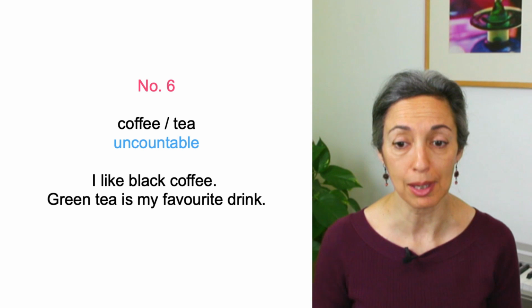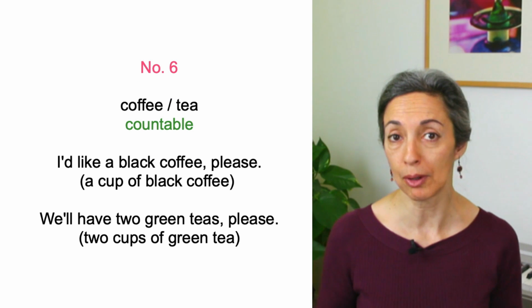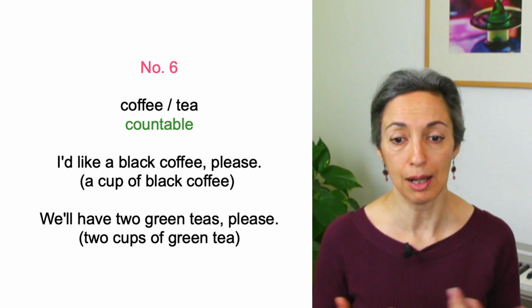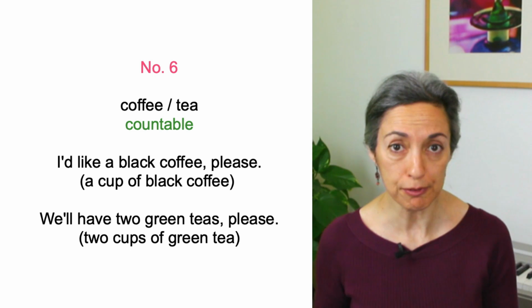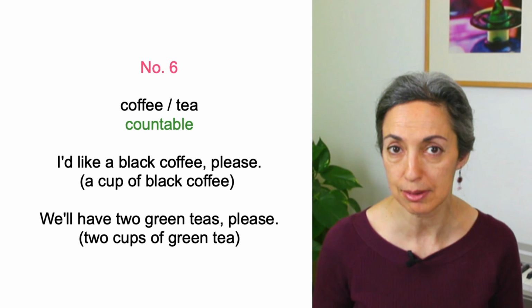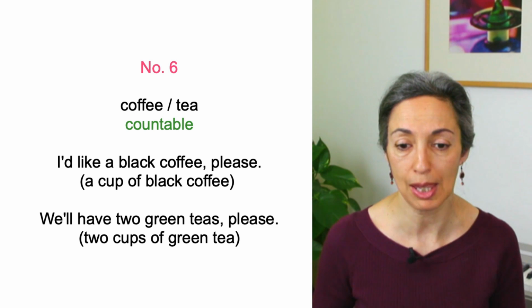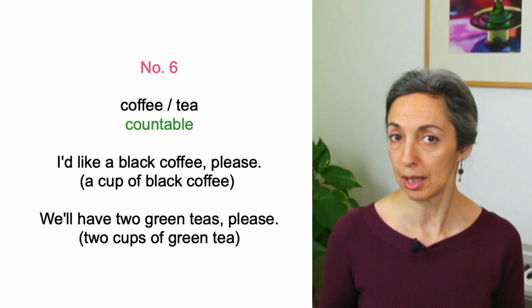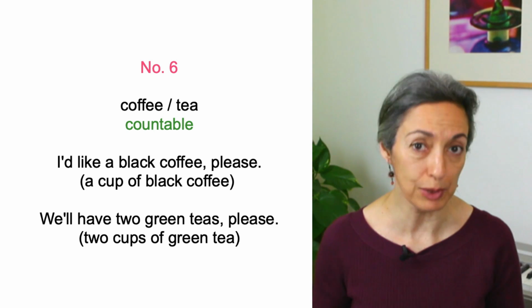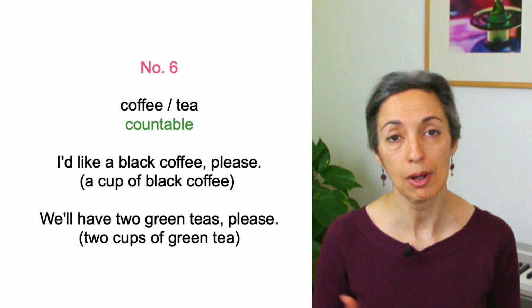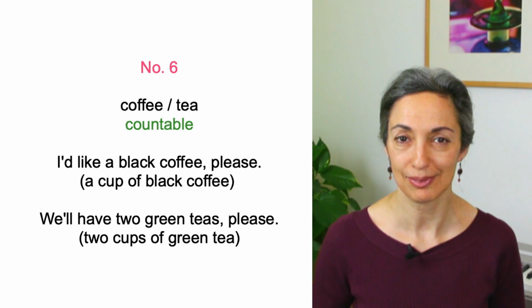But they can also be countable when you go to order some. Most people, instead of saying, I'd like a cup of black coffee, please, just say, I'd like a black coffee, please. Or, instead of saying, could we have 2 cups of green tea, please? They just say, we'll have 2 green teas, please. So they can be countable or uncountable.